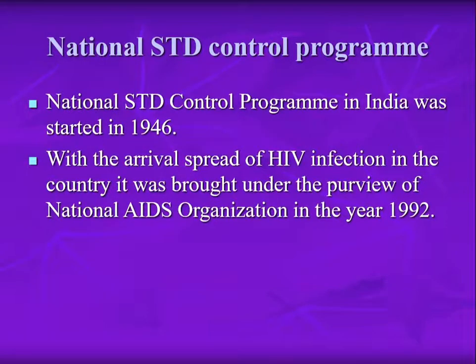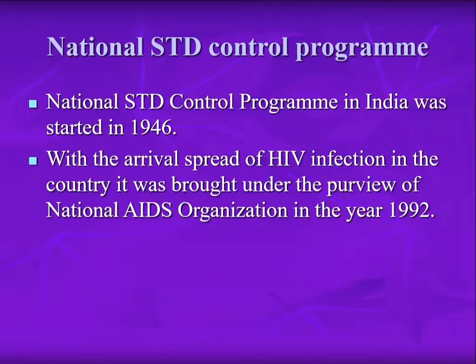Regarding the social welfare measures and the National AIDS and STD Control Program. The National STD Control Program in India was started in 1946, and with the spread of HIV infection in the country, it was brought under the purview of the National AIDS Organization in the year 1992.